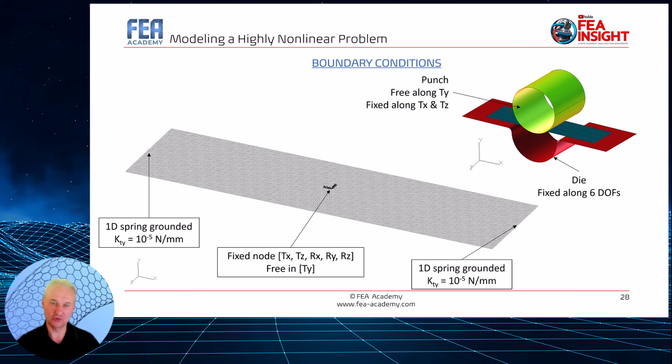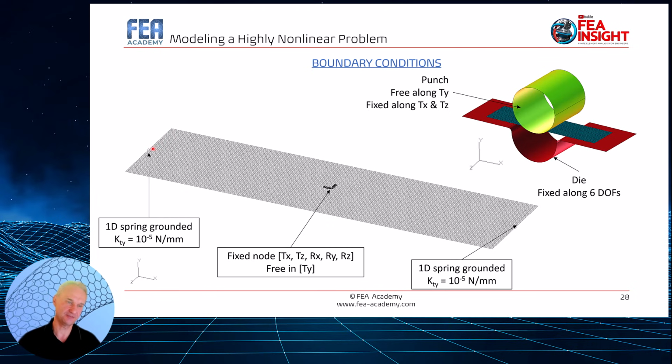Finally, to restrict the rigid body motion, because when you define boundary conditions, it is the key, okay? So to restrict the rigid body motions and stabilize the model during the spring back, and I will present the loading history on the next slide, grounded 1D springs with very small stiffness along the degree of freedom Ty are added at 2 nodes located at the free ends.